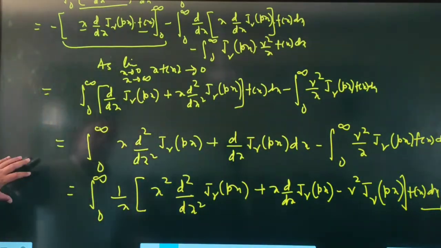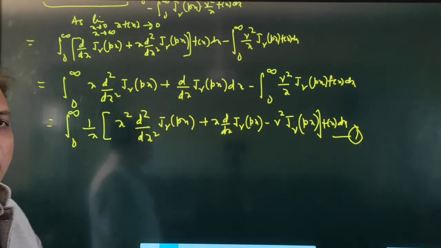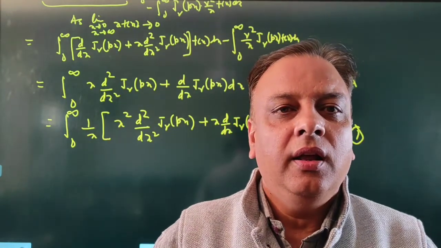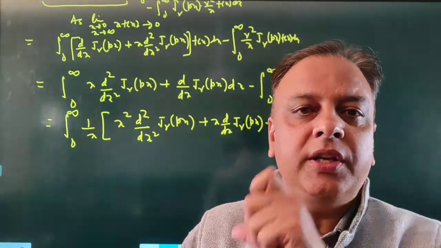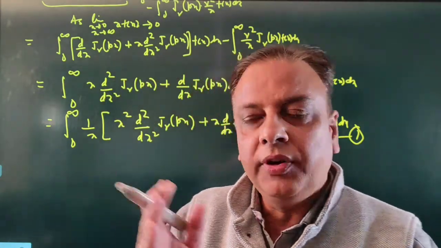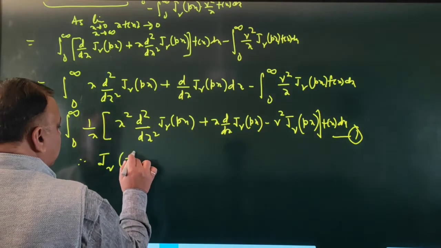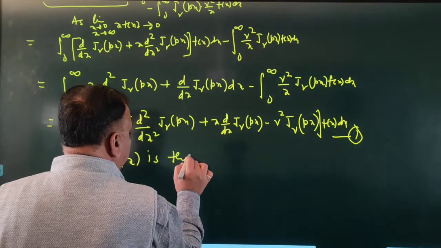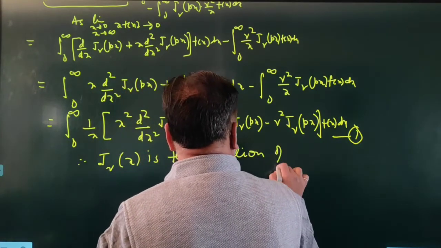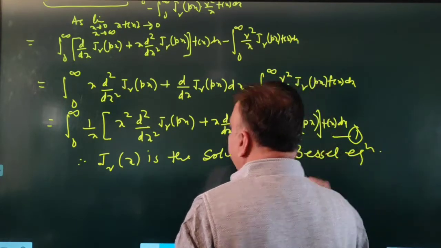Now we know that J nu(x) is the Bessel function, which is the solution of a very special differential equation, known as the Bessel differential equation. Since J nu(x) is the solution of the Bessel equation, and what is the Bessel equation?